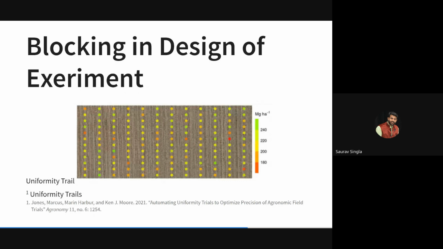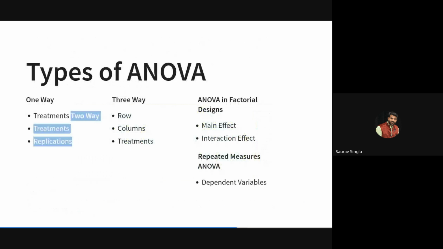So definitely you understood that the green dots fall in a single block, the red ones fall in a second block, like that. Okay. Then this block will also become a source of variation in two-way ANOVA.